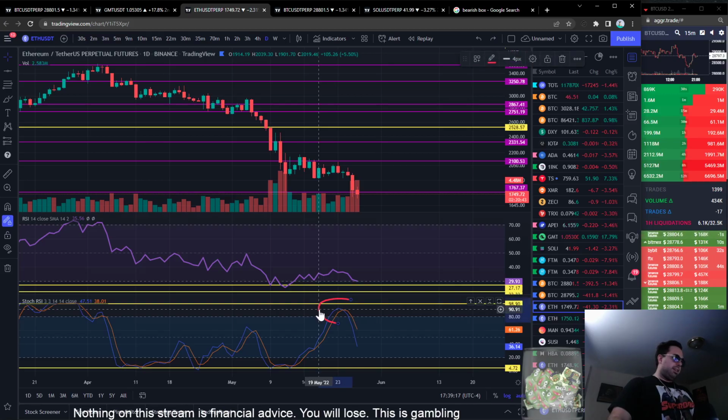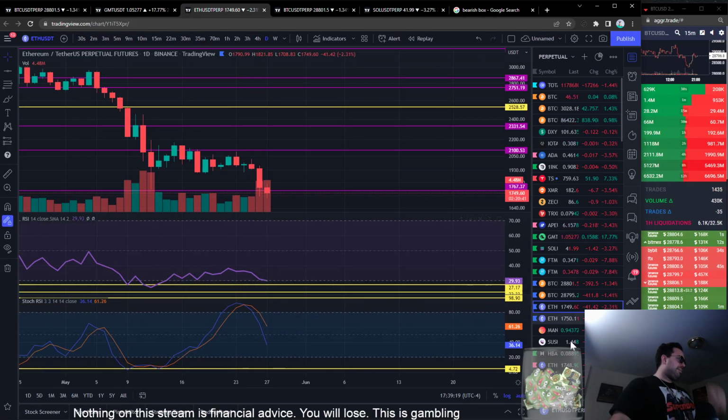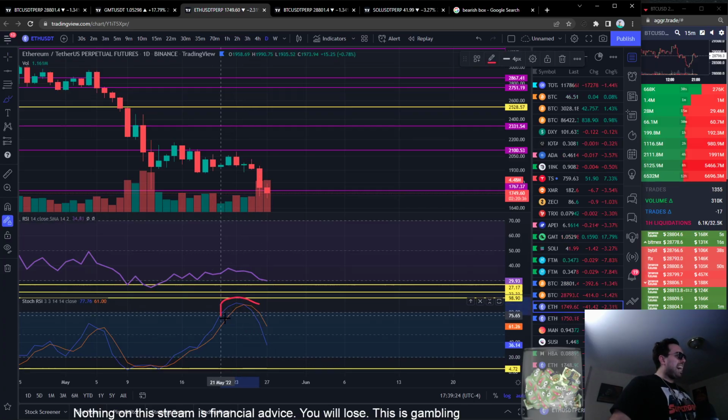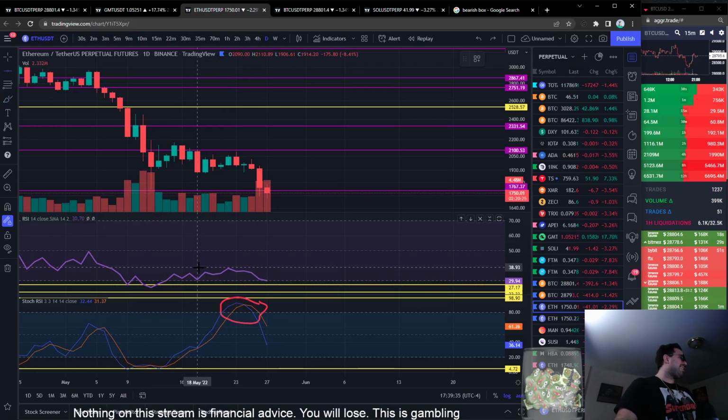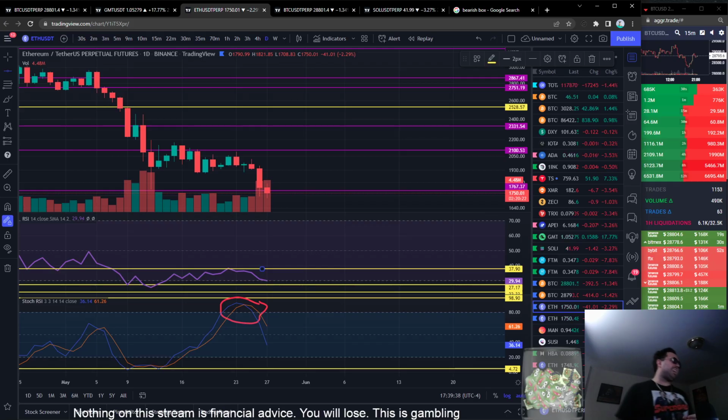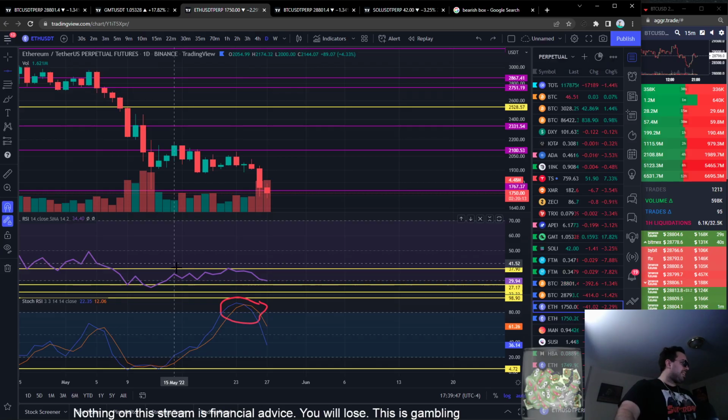Especially as we've seen in the past few days, or even with Bitcoin, which we'll show you right after, if the stochastic RSI is getting overbought and the RSI is not even close to being overbought, we're talking right here, it denied pretty much off of 37 RSI, all the way from this 30 RSI to 100 stochastic RSI. This moved maybe 10 points, 13, 14 points.